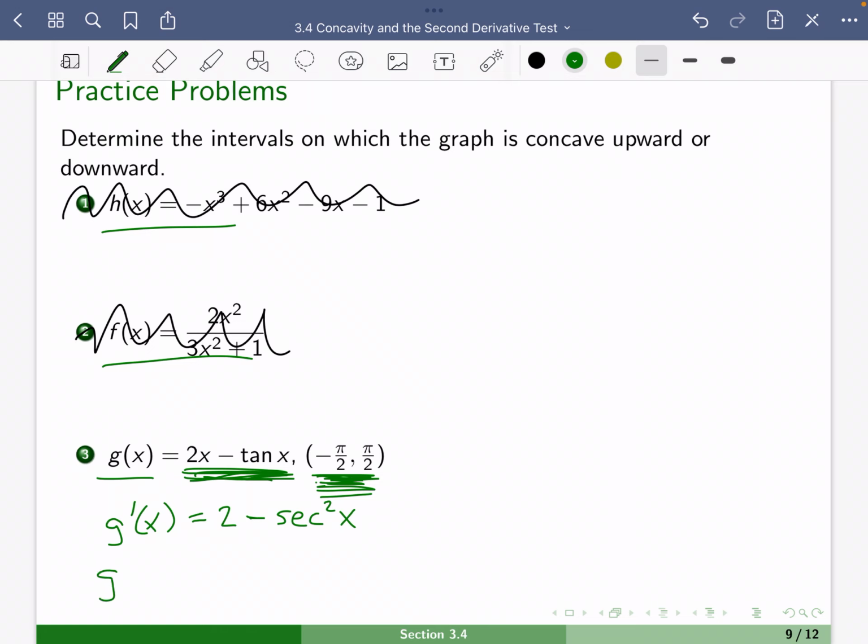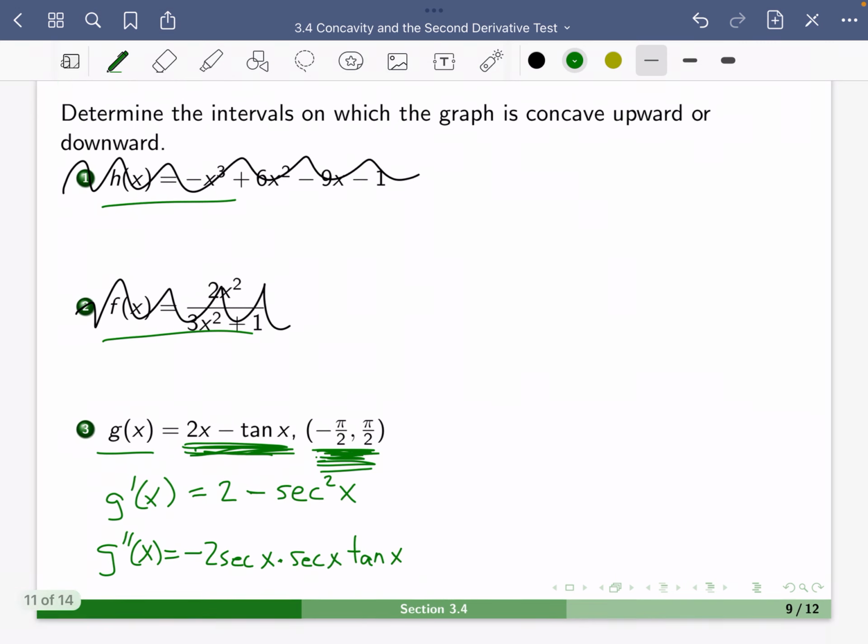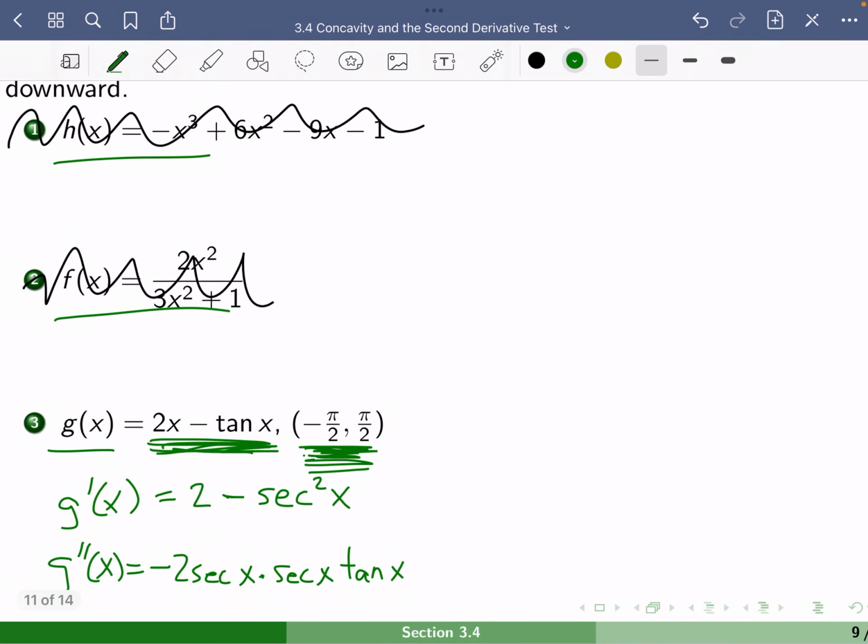And our second derivative is negative 2 secant x times the derivative of secant x, which is secant x tangent x. So this is negative 2 secant squared x times tangent x.